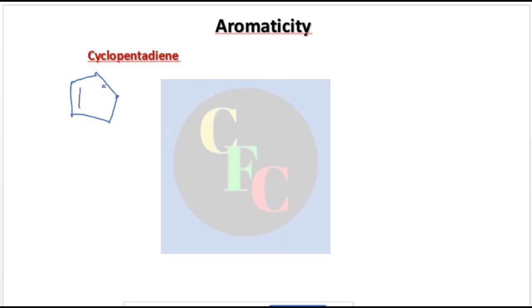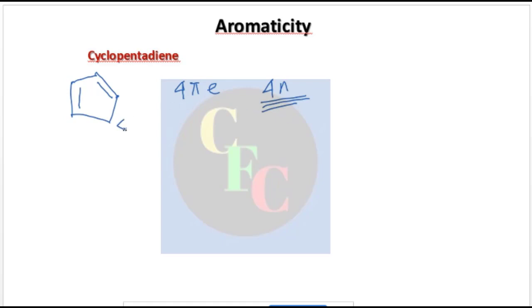So this is our cyclopentadiene, right? So we have again 4 pi electrons, 2 pi bonds, so 4 pi electrons, right? So of course this is a 4n system, so of course this is not aromatic, but is it anti-aromatic or non-aromatic?